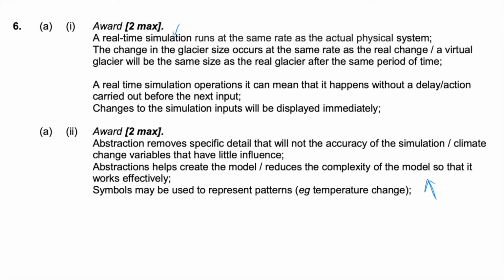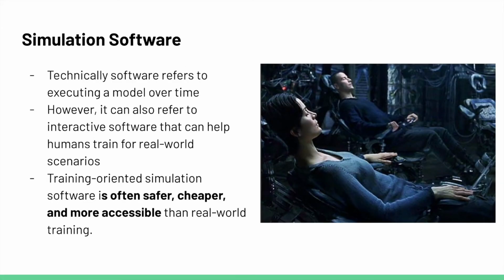Anyways, let's move on. Now, oftentimes, in order to execute simulations, we're going to need to make use of simulation software that either we've created ourselves or that's been created by a third party. So the software is basically referring to executing a model over time, which is, again, the definition of a simulation. Now, it can be something that is purely taking place without input during the simulation, or it can refer to interactive software that can help humans train for real-world scenarios.